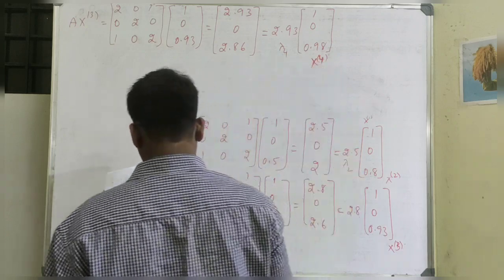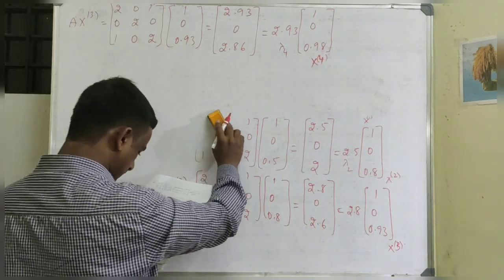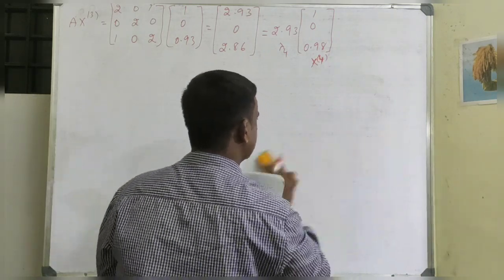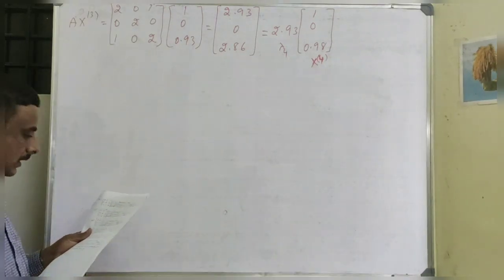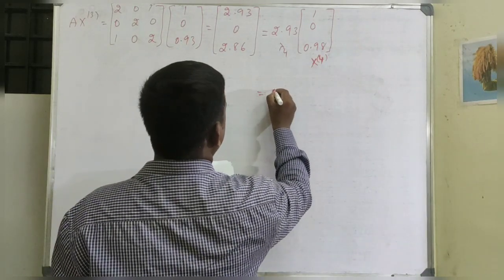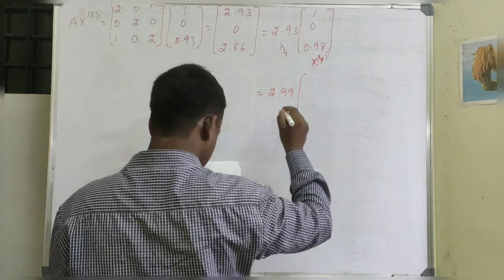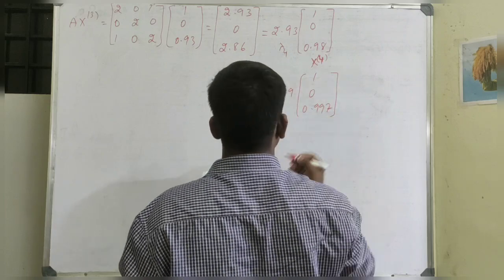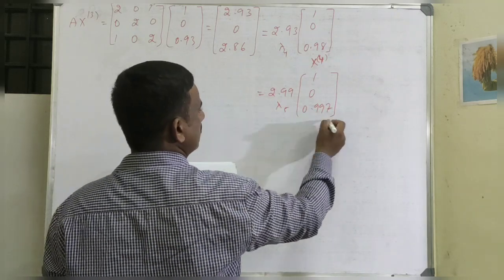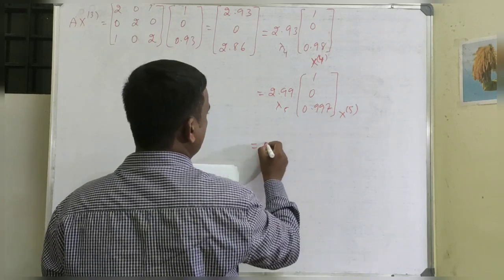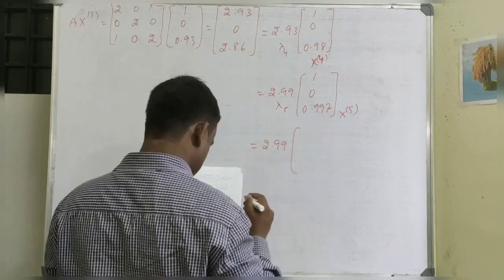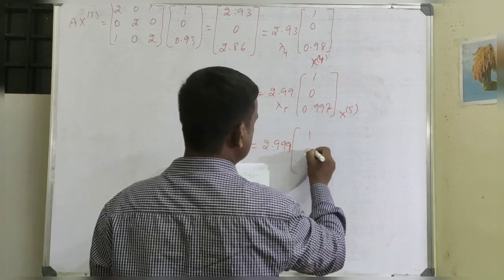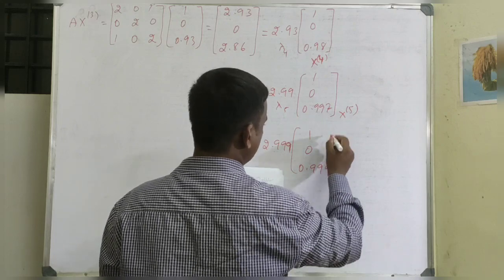So continuing this, I will write the sixth iteration directly. The fifth iteration will be 2.99 into 1, 0, 0.997. The sixth iteration will be 2.999 into 1, 0, 0.999.